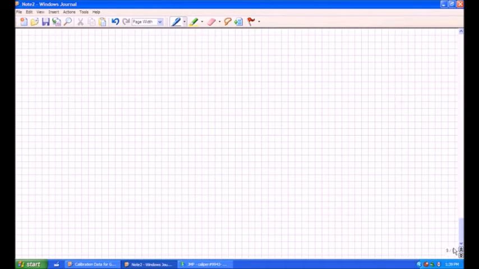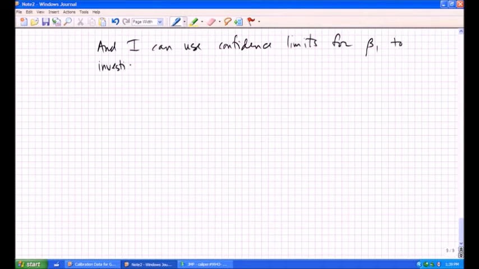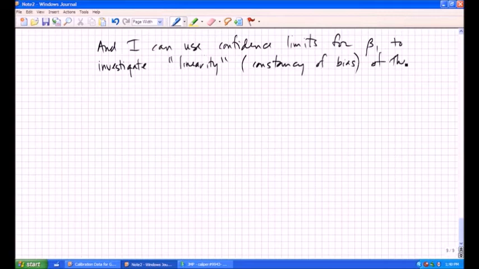There's one other thing that I want to think about in this context, and that is that I can use confidence limits for the slope of this linear regression model to investigate the quote-unquote linearity, linearity or constancy of bias, of the device.